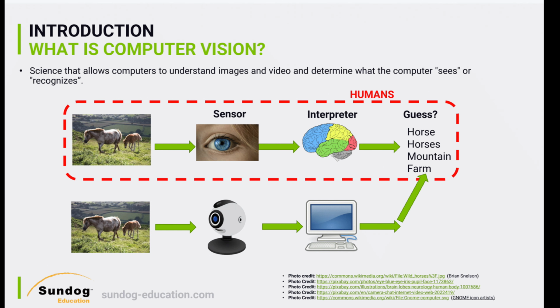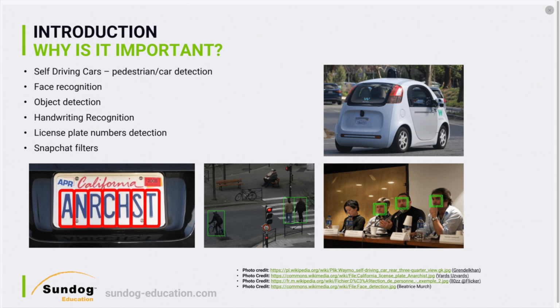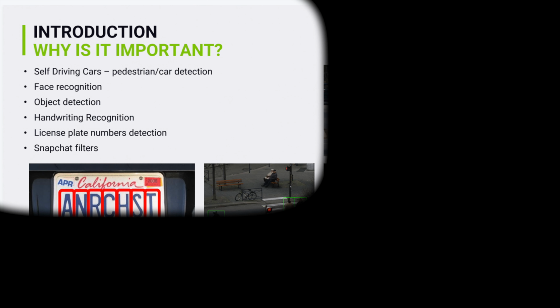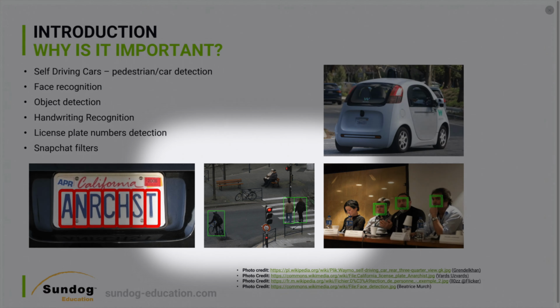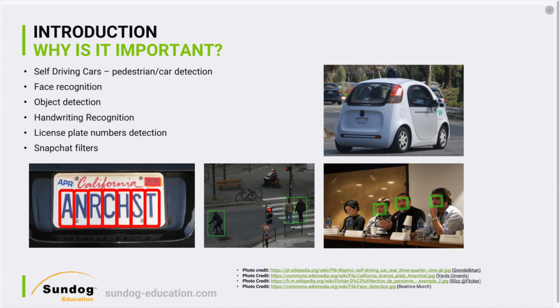All right. So why is computer vision important? Actually, computer vision is applicable everywhere, not just in self-driving cars, but pretty much everywhere. It can be used again for self-driving cars, for pedestrian and car detection. It can be used for face recognition. Facebook, for example, and Snapchat and all this stuff actually have to use computer vision techniques. Object detection, obviously, is tied to our self-driving cars. It can be used for pedestrian detection, for example. As you can see here, we can detect, okay, this is a pedestrian crossing, this is a cyclist crossing, and so on.